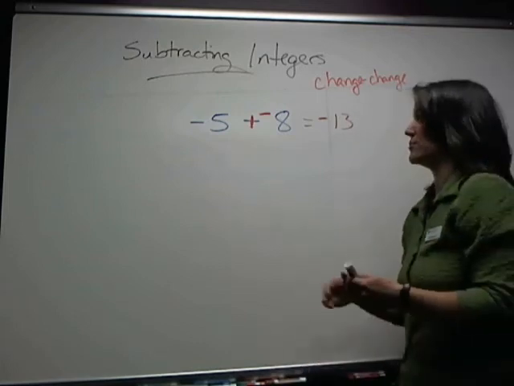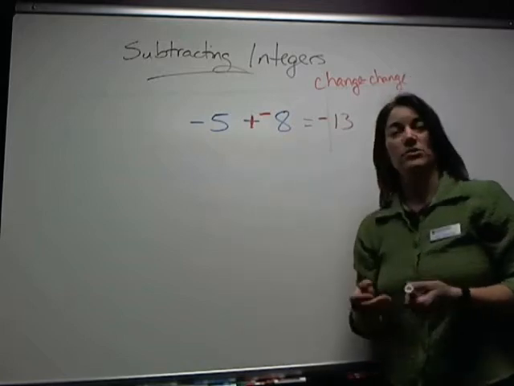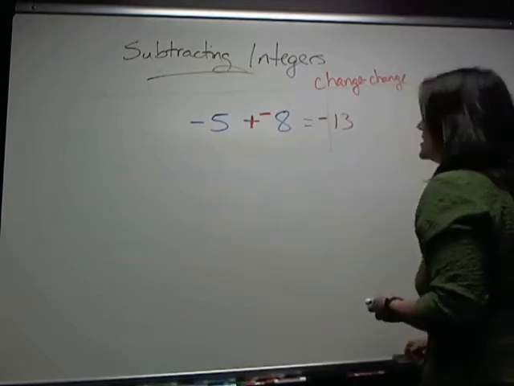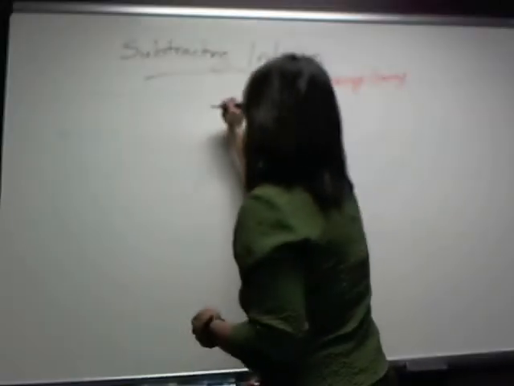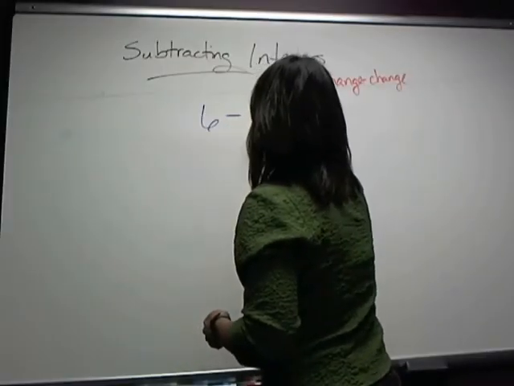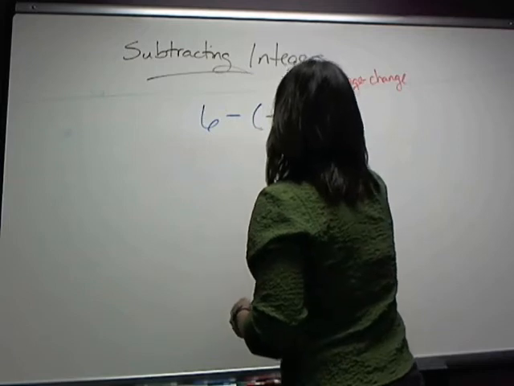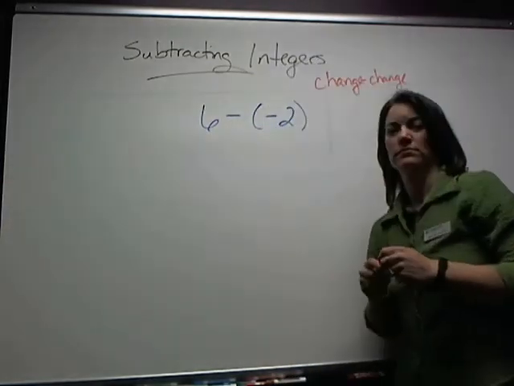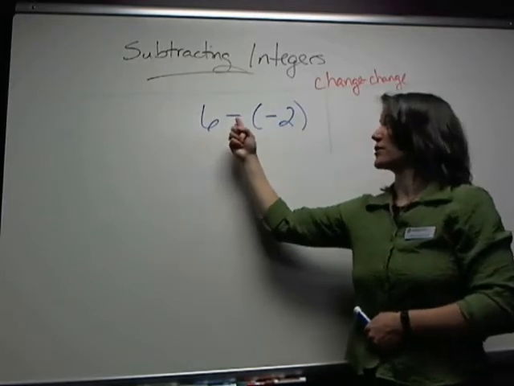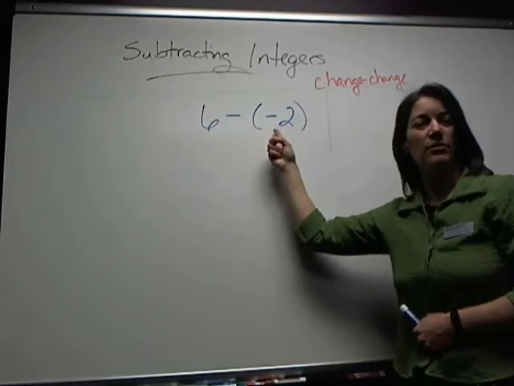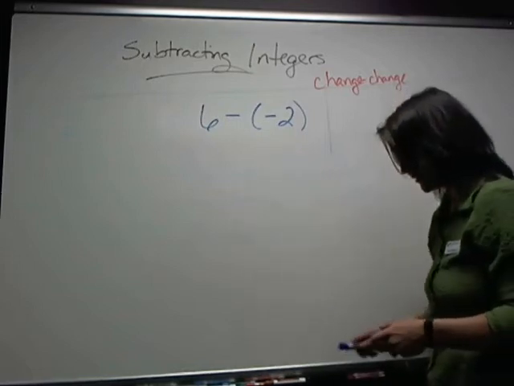So in both of those examples, we were subtracting positive numbers. What happens if we're subtracting a negative number? Let's do another. So let's have 6 minus negative 2. The 6 is positive, there's no sign in front of it. We are subtracting, and the type of number that we are subtracting is a negative.